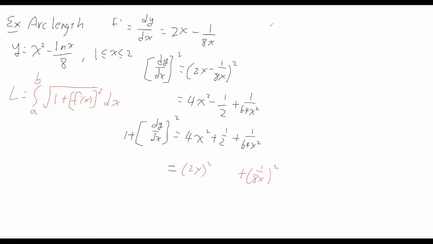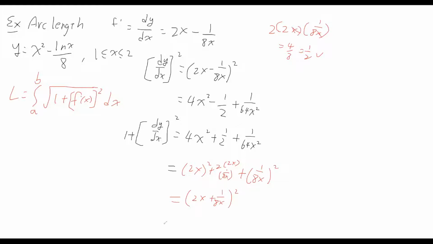So 2 times 2x times 1 over 8x, the x cross out, that's 4 over 8, which is 1 half, okay? So this is actually plus 2 times 2x times 1 over 8x. This means we can factor that into 2x plus 1 over 8x quantity squared, which is very nice, right?